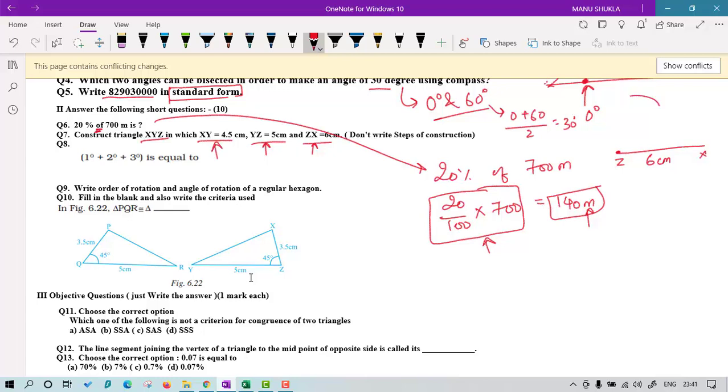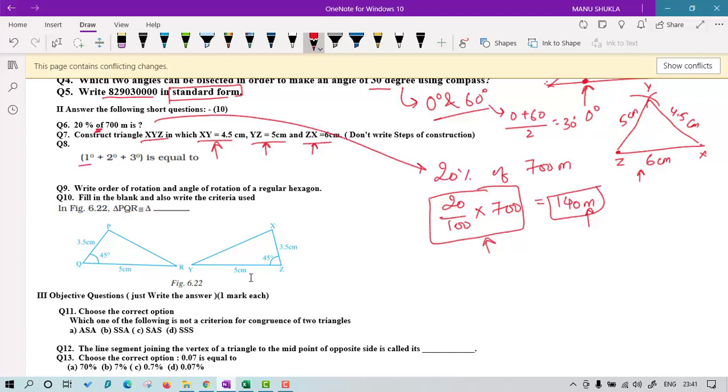Then we will keep the compass radius as 4.5, and keeping on X, again an arc of 4.5 to get the point Y. Then we join these two and get the desired triangle. Also we write the measurements like this, and YZ is 5 centimeter. This is the desired answer.